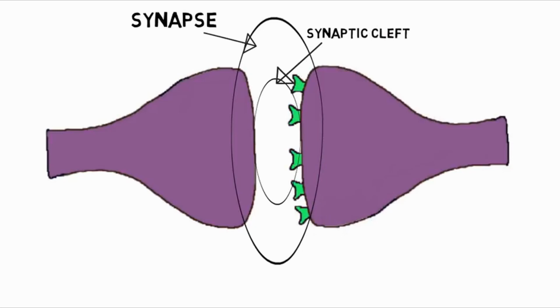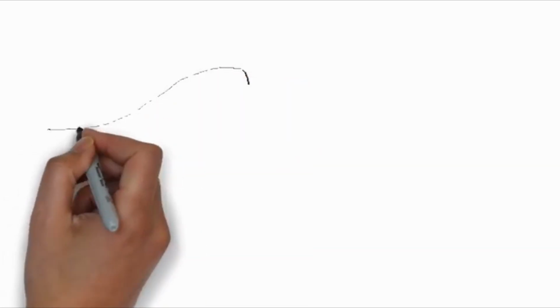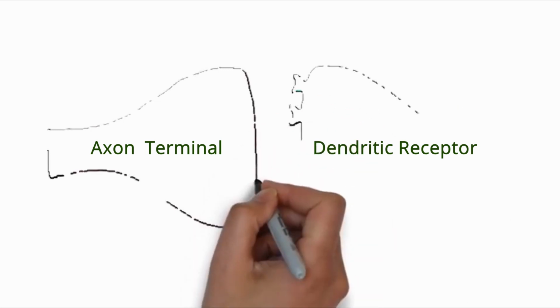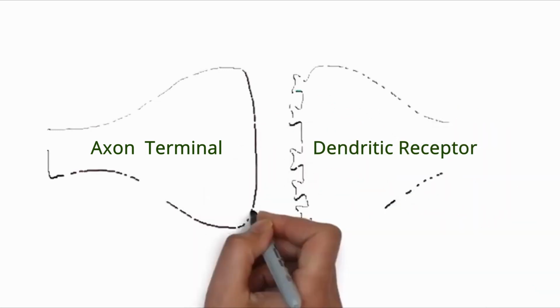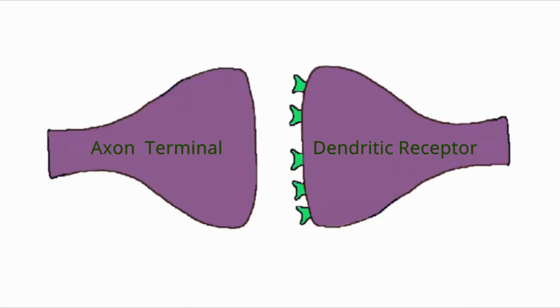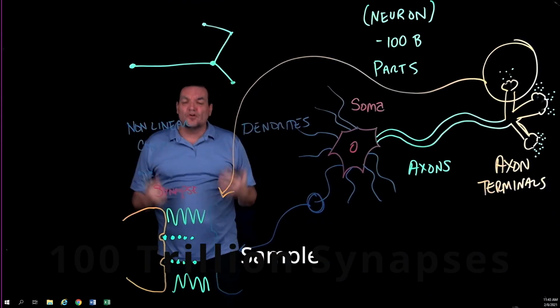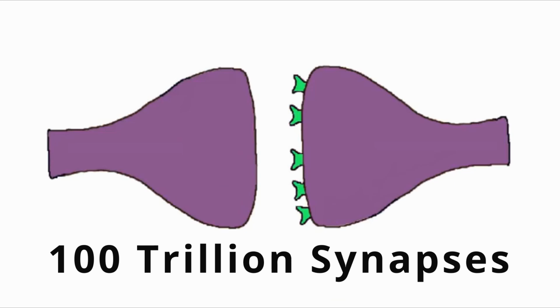It represents a physical space between any two neurons, specifically between the terminal buttons of one and the dendritic receptors of another. If there's 100 billion neurons in the brain, there's about 100 trillion synapses in the brain.